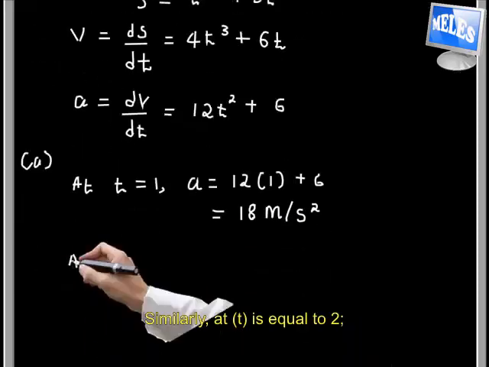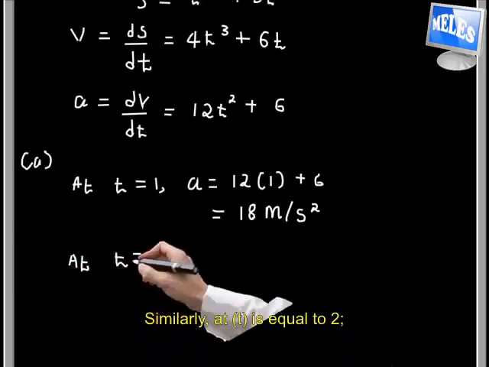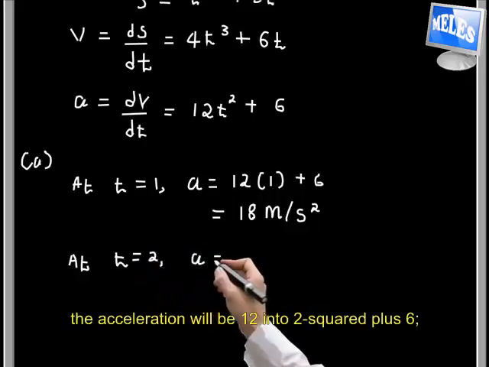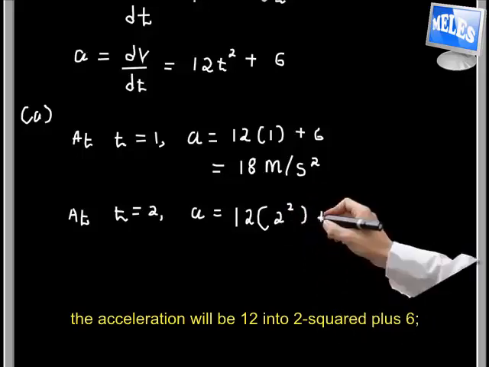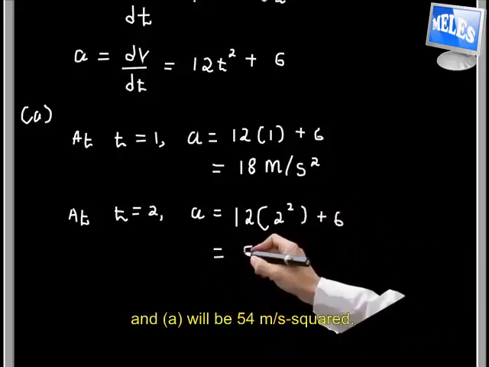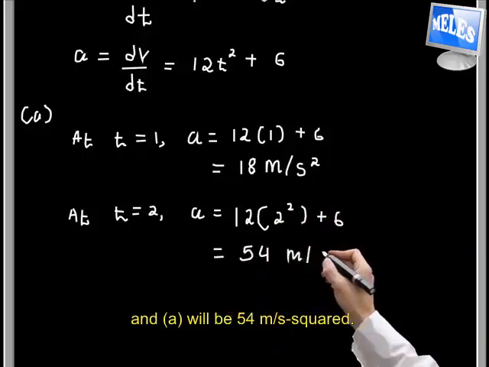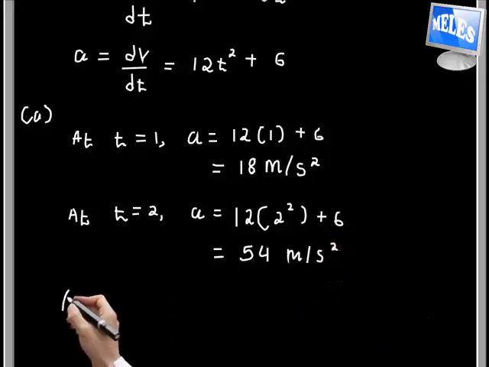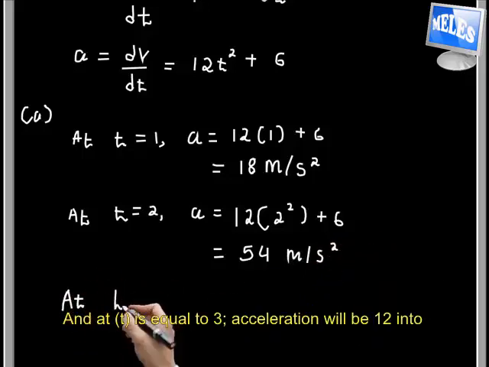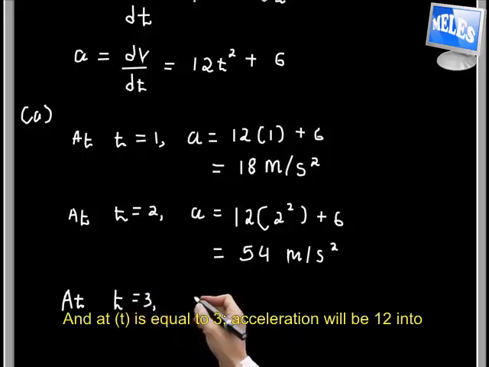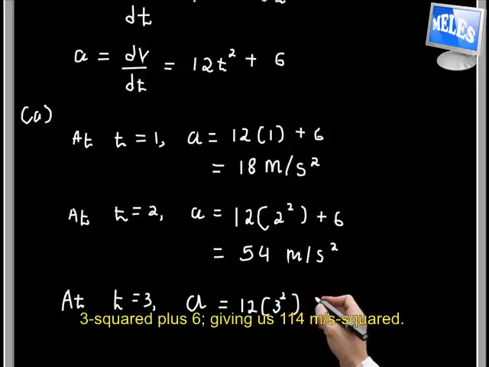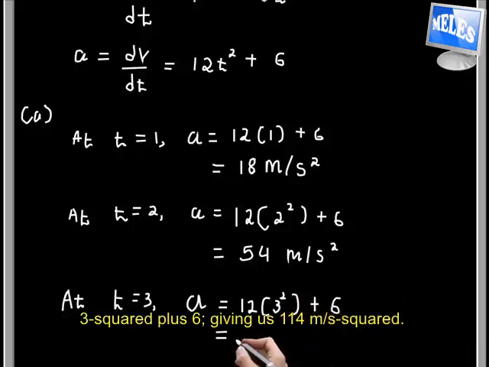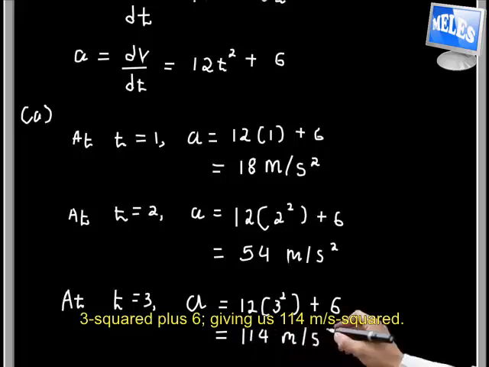Similarly, at t is equal to 2, the acceleration will be 12 into 2 squared plus 6, and that will be 54 meters per second squared. And at t is equal to 3, acceleration will be 12 into 3 squared plus 6, giving us 114 meters per second squared.